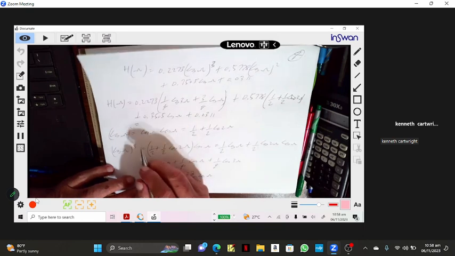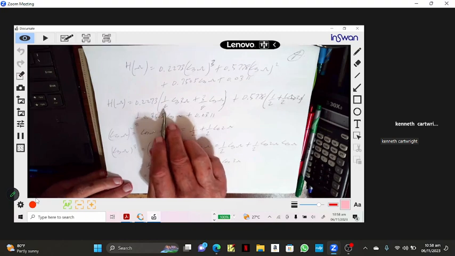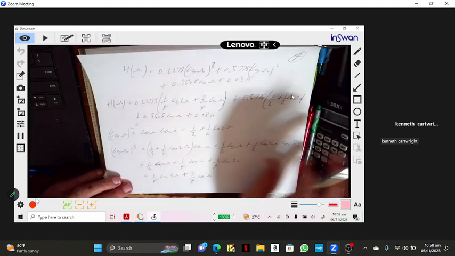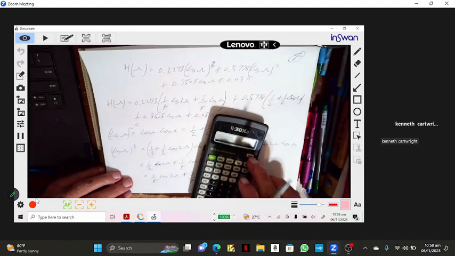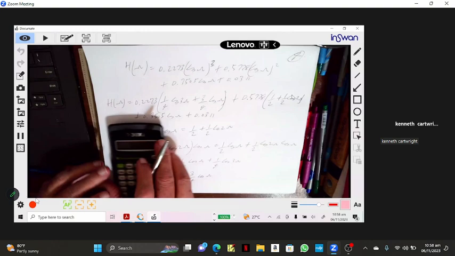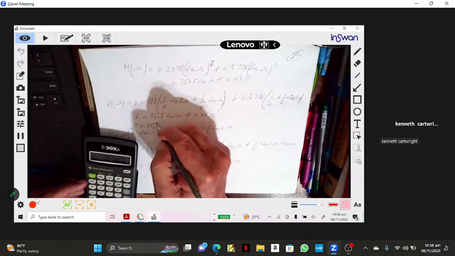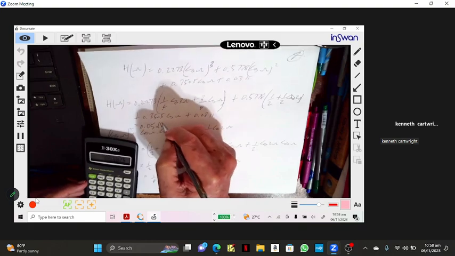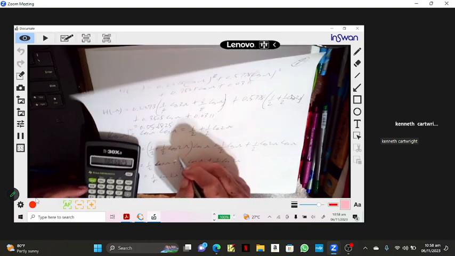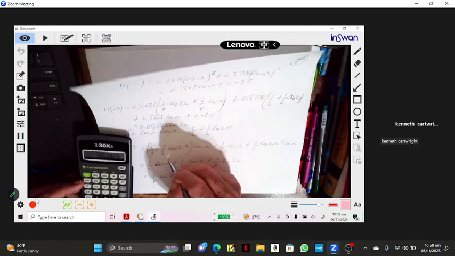So let's collect like terms. That's a quarter times 0.2273. 0.2273 divided by 4 is 0.056825 cosine 3 omega.